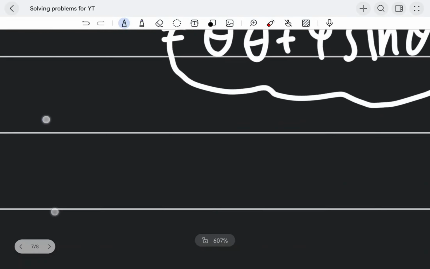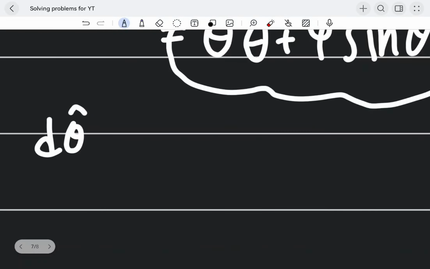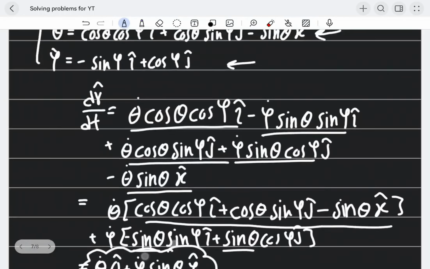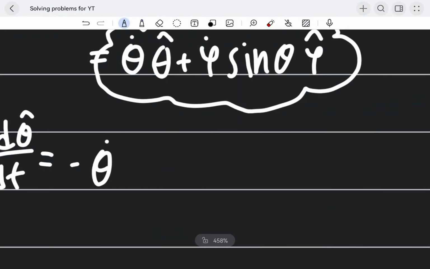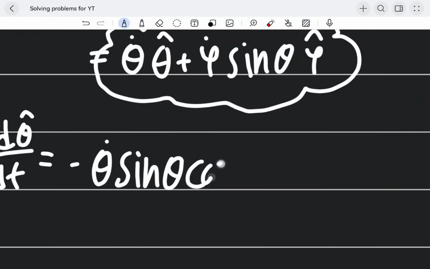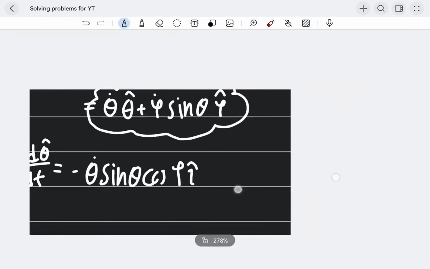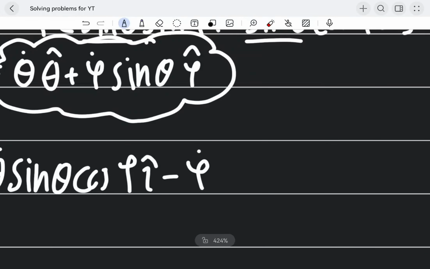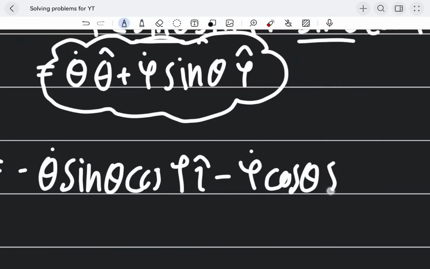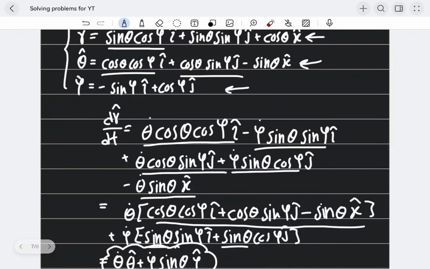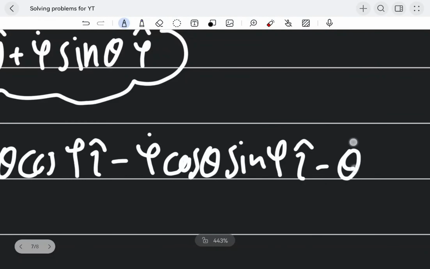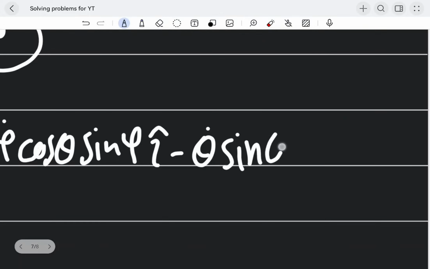Same thing for theta hat. d theta hat by dt equals: take the derivative of cosine theta, which is minus theta dot sine theta cosine phi i hat, and then minus phi dot cosine theta sine phi i hat, minus theta dot sine theta sine phi j hat.